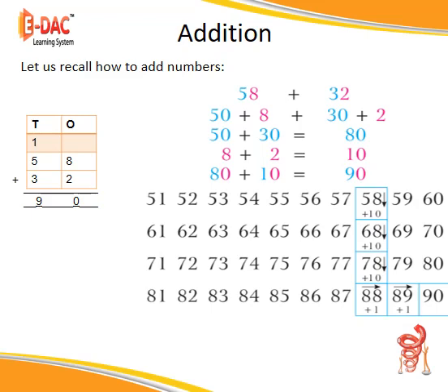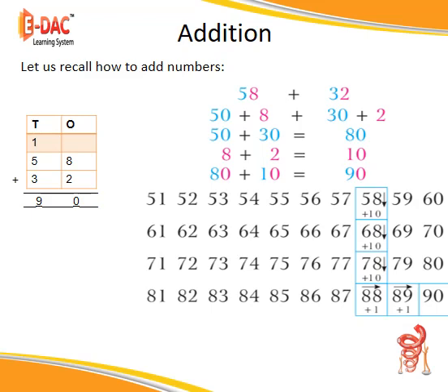There is other method. You can see on the screen we have written numbers from 51 to 90. So now we want to add 58 and 32. We will come to the number 58 and we will start counting 32 from 59.